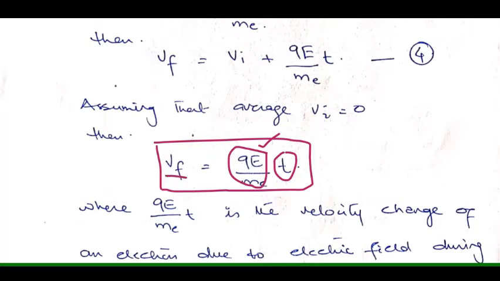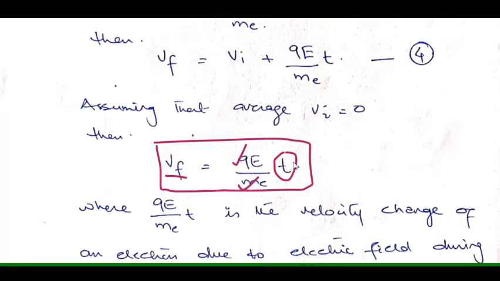Now Q is a constant, and Me is a constant value. So if I increase the value of the electric field, the final velocity, which we will later see is basically the drift velocity, will increase.